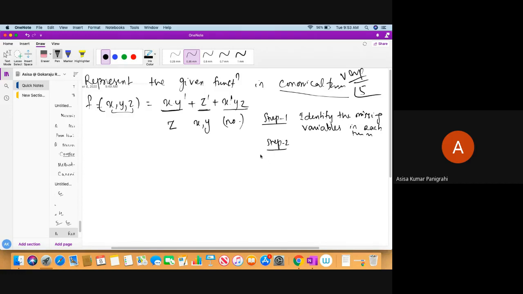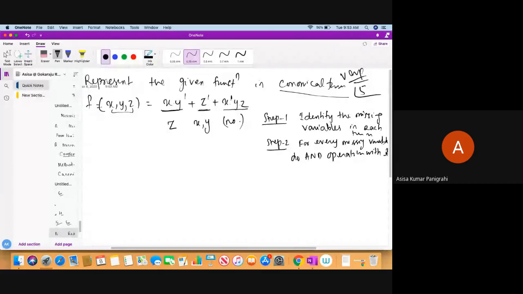Step 2 says that for every missing variable, do the AND operation with 1. Why? Because 1 is the identity element of the AND operator.